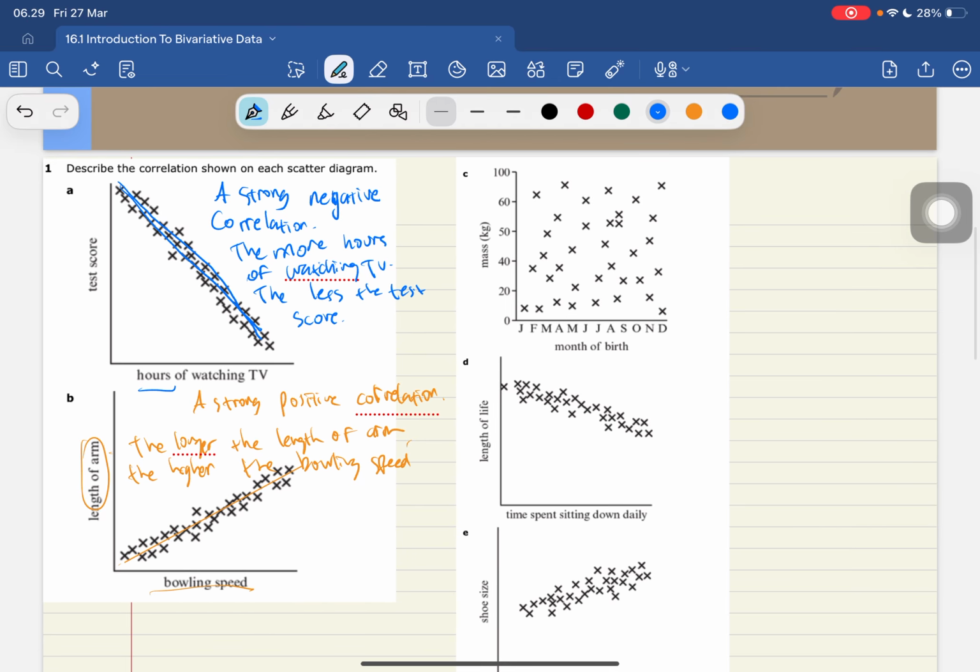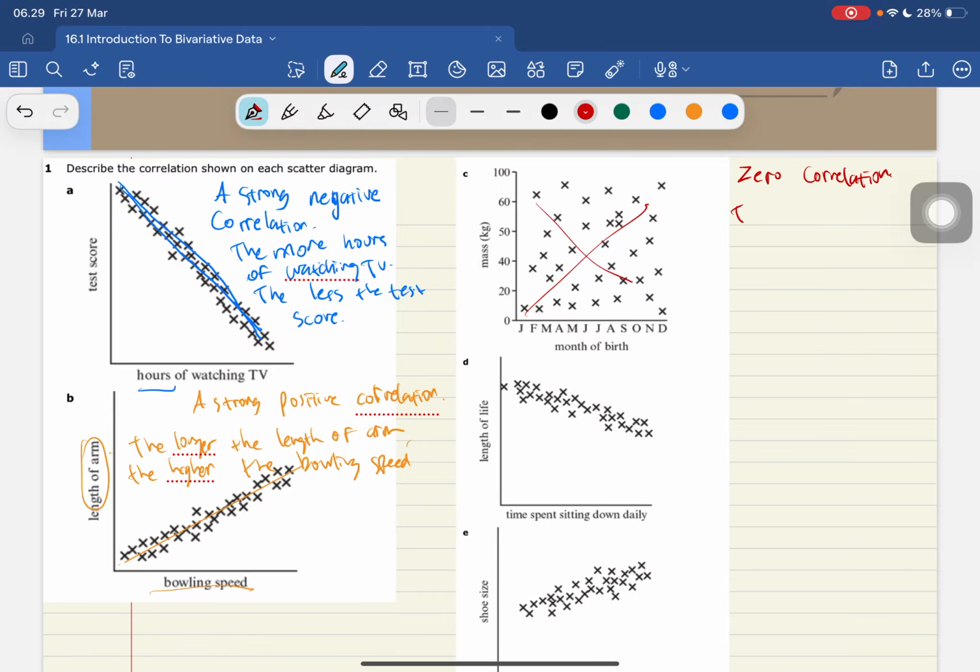Okay, see, here we cannot describe whether it is going up or going down, it's random, so we can write this as zero correlation.